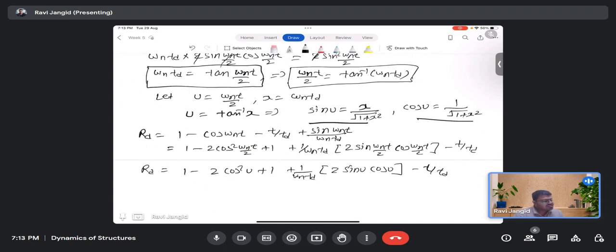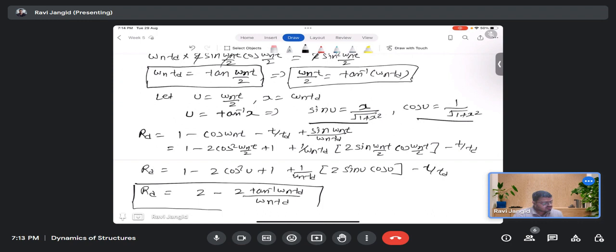And if I put the values of sin u and cos u, the final value I will get for my RD is 2 minus 2 tan inverse omega n td over omega n td. Simplified, with omega n td equal to 2 pi td by tn, I can write it as 2 minus tn over pi td into tan inverse of omega n td.